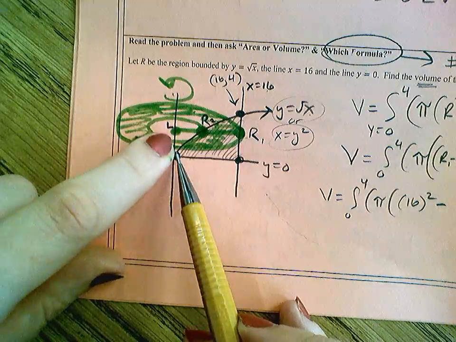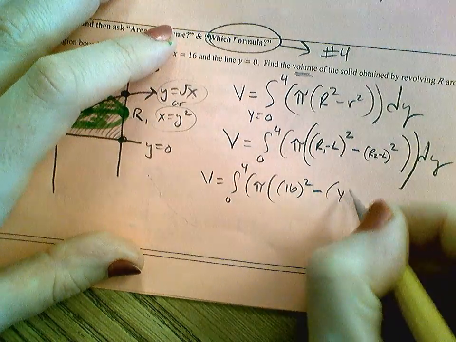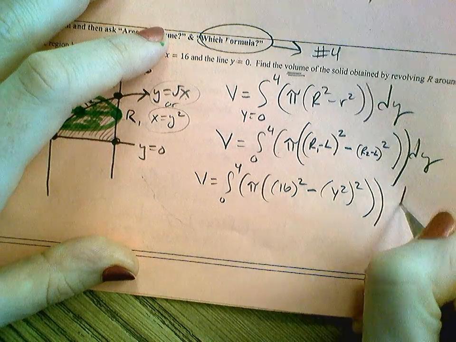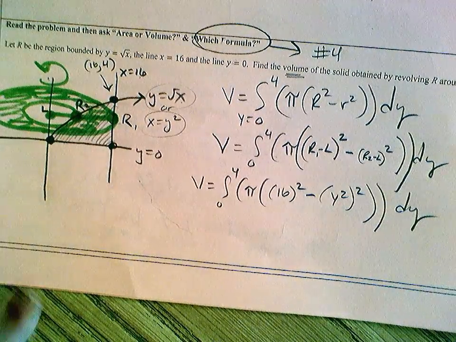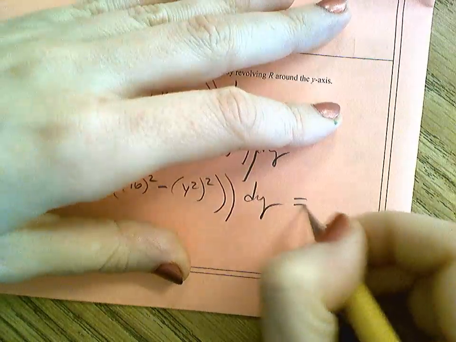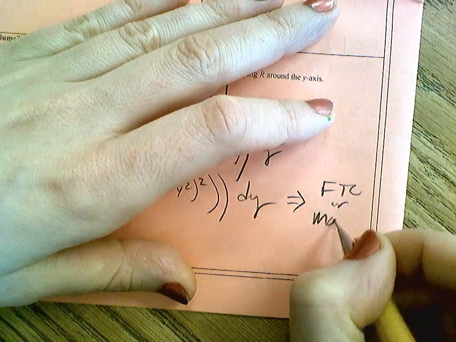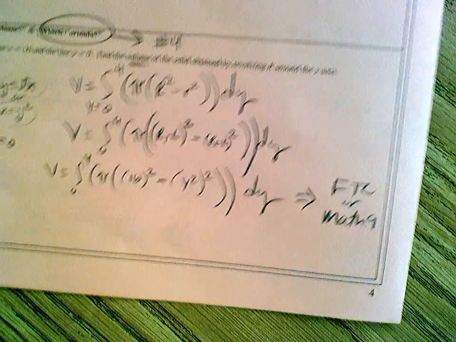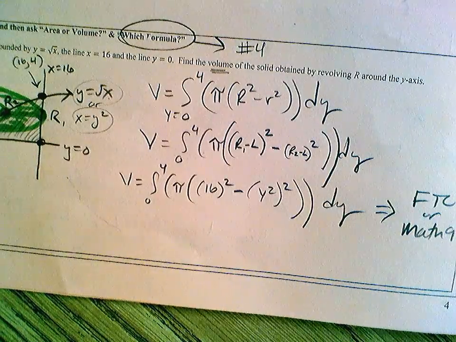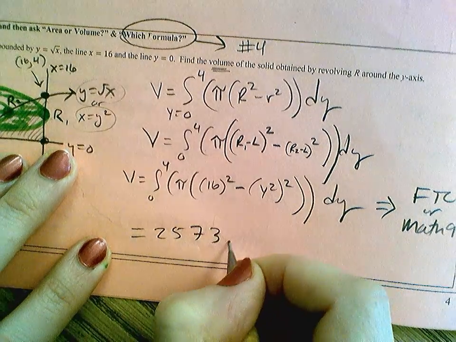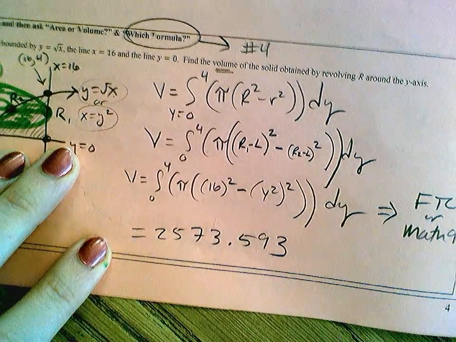That's y squared minus 0, which is just y squared squared. And then you do FTC or Math 9, depending on the situation, and we end up with 2573.593. Okay.